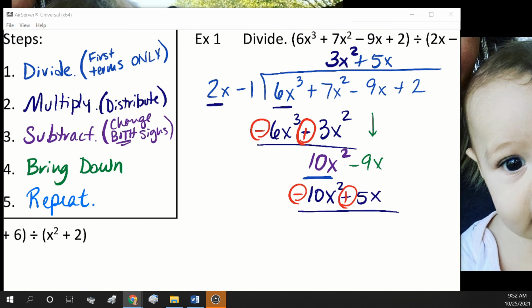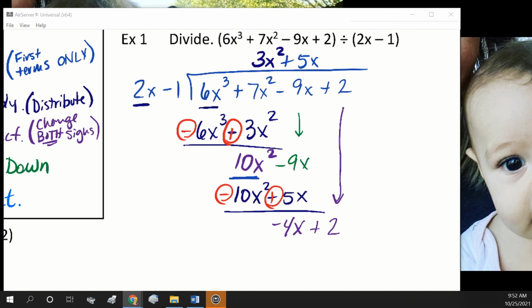Negative 9x plus 5x is negative 4x. Right? Bring down, and then do it all again. All right, you guys do that last cycle on your own, please.